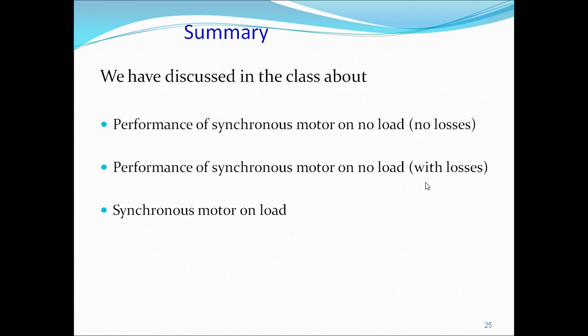So we have these types of torques: pull-in torque, pull-out torque, starting torque, and running torque. The torque available at the time of starting is called starting torque. The torque available when the motor comes out of synchronism is called pull-out torque, and the torque available in the running condition is called running torque.